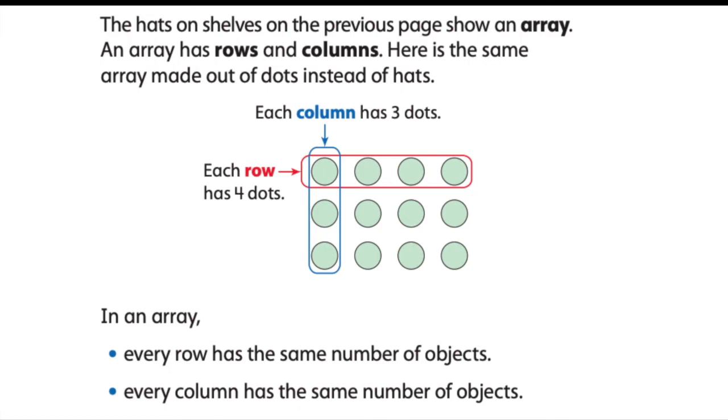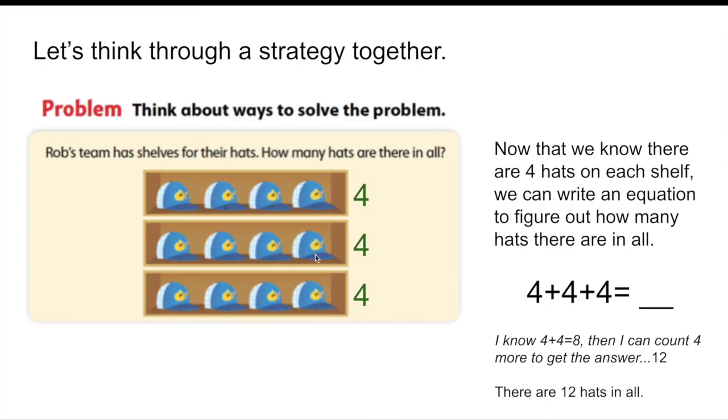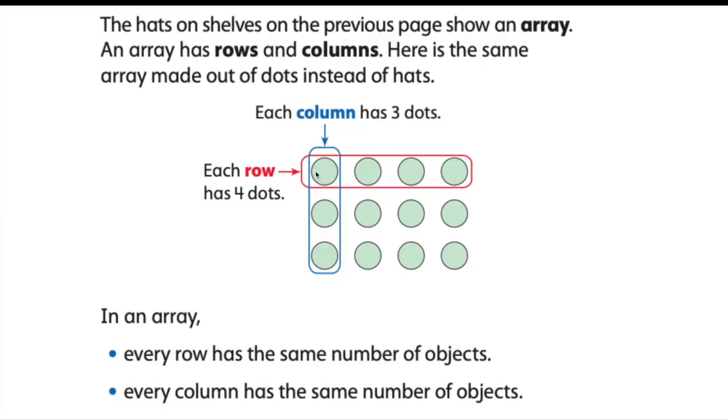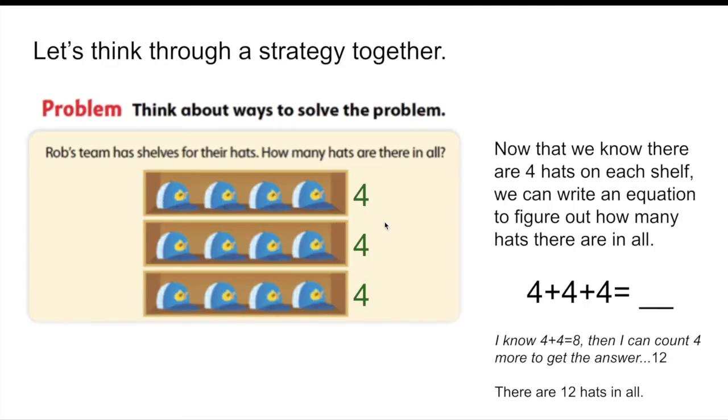On the previous page, those hats were organized in an array, and we learned that arrays have rows and columns. Here's the same array made out of dots instead of hats. There's still 3 rows, just like those 3 shelves, and each one has 4 on it, just like there were 4 hats on each shelf.